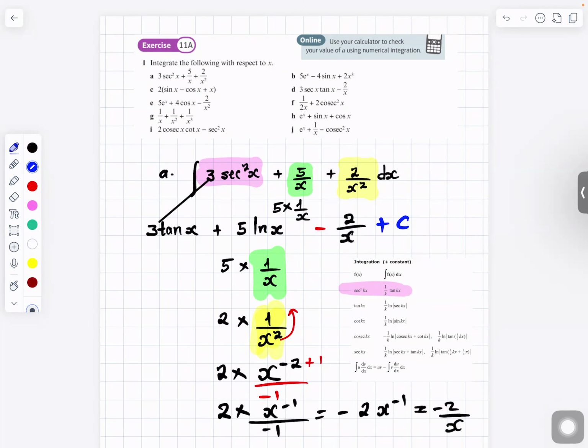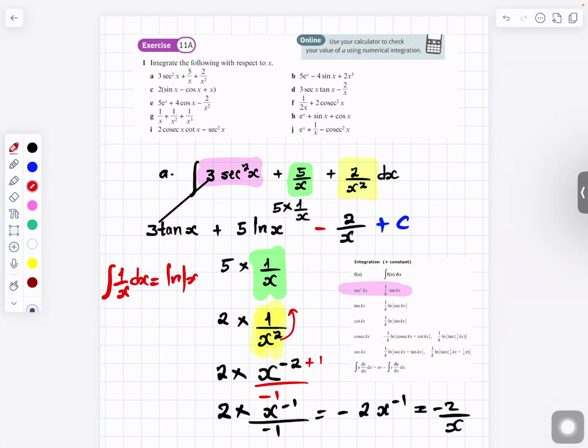It's divided into 3 things. We separate them and then integrate each one at a time, and use the formula book to help you get the formula for the integral of sec squared. And then use the idea that the integral of 1 over x, which you must memorize, is ln x.